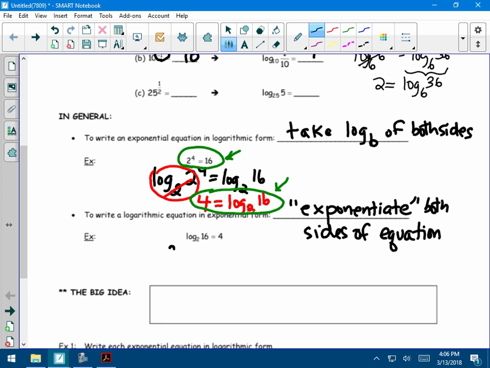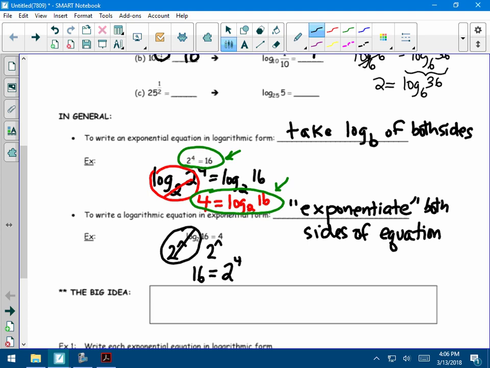We raise the left-hand side to it, 2 to the log base 2 of 16, and now raise the right-hand side, 4, to it as well. So this piece of it cancels. See you later. You're left with just the 16. On the right, what you're left with is 2 raised to the 4th power. Here I used the little carets; now I can rewrite it without the little caret notation.